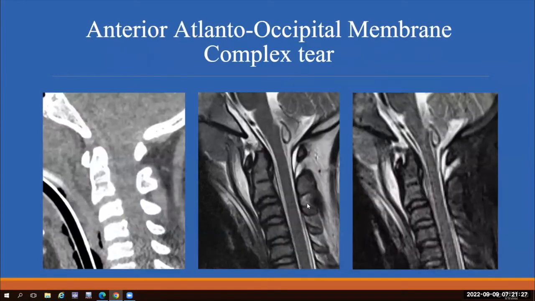If you have an effusion or hematoma in this location that extends all the way to the clivus, it's another clue on CT that there is some kind of underlying internal derangement of the ligaments on MRI.